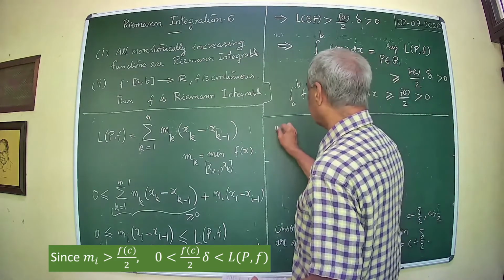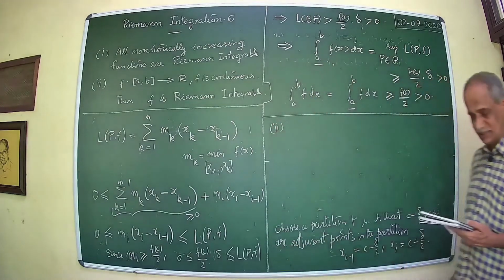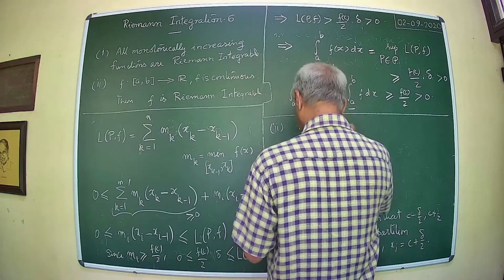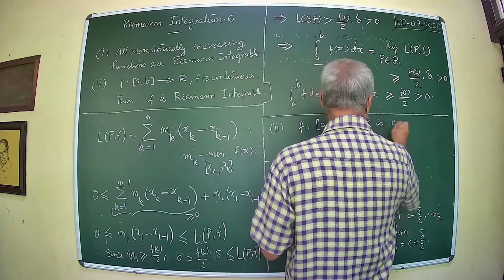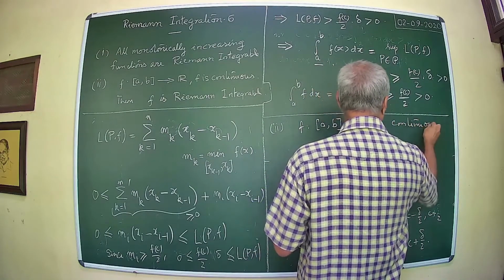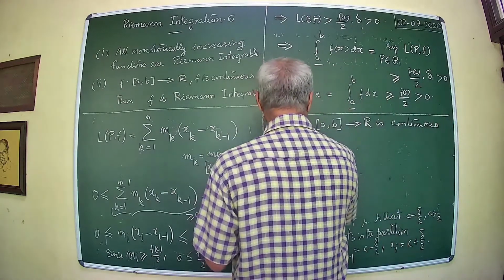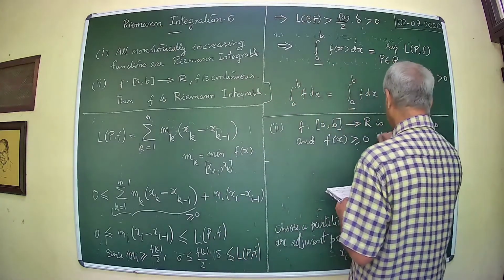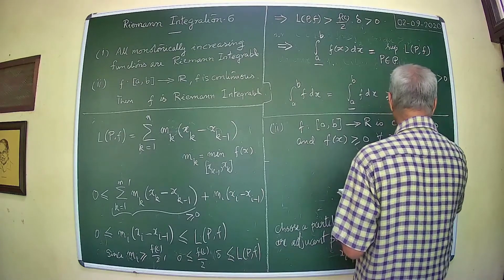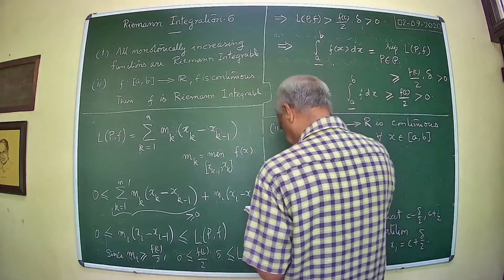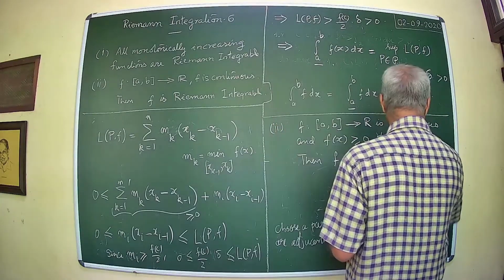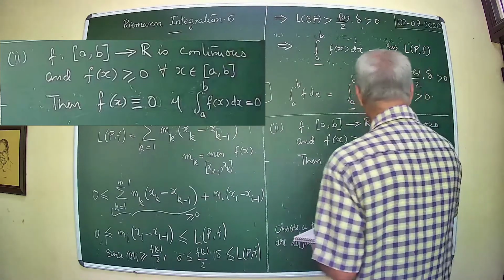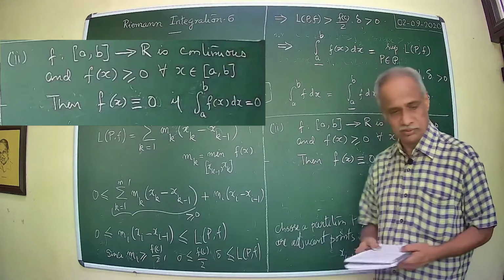Now a companion result of this, which is useful in analysis, is that suppose f from [a,b] to R is continuous, therefore Riemann integrable, and f(x) is greater than or equal to 0 for every x belonging to [a,b], and the integral from a to b of f(x) dx is 0, then f is identically equal to 0.